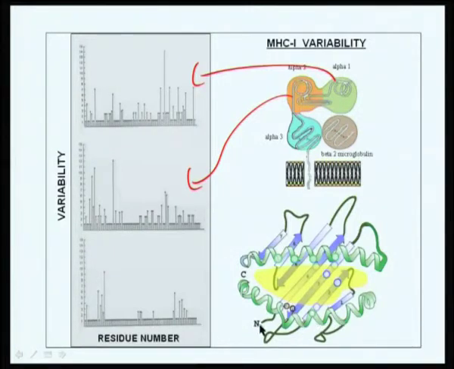This is the N terminal portion and this is the C terminal portion. Of course, the C terminal portion continues into the third, alpha 3 domain and then gets into the membrane. Since this is the top view, you will not be able to look at the alpha 3 domain.